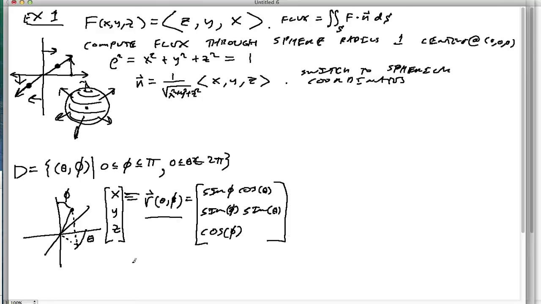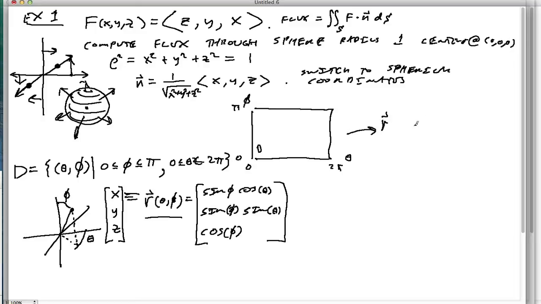Okay, so there's our mapping R. Our set D is going to be from 0 to 2 pi, 0 to pi, and that's the phi axis, and that's our theta axis. We're going to map with R, and that's going to map to the sphere.